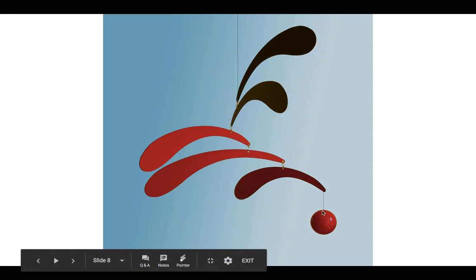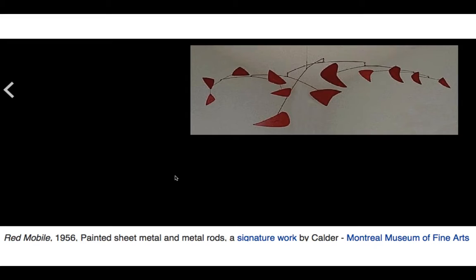I believe that these pieces are all made of metal, so they're quite heavy, and I believe that that is a solid sphere, a solid metal ball. And so if it's hanging way off at the end here, you had to put a lot of thought into how to balance this mass against the remaining masses so that when this object was hung, it would hang and move and be in good balance.